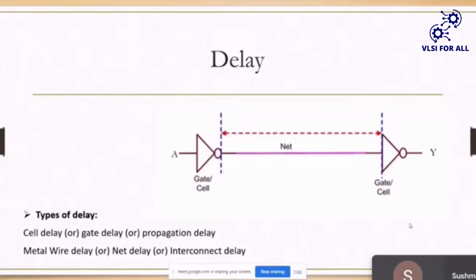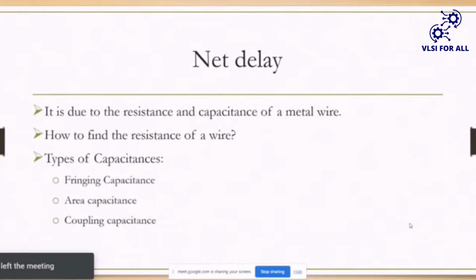Whenever you give the input, you don't get the output immediately. It gives the output after a certain period, and that is called cell delay. In a more technical way, we will discuss this cell delay as well. And afterwards we have net delay because of the interconnect or the metal wire. Hence, net delay is also called interconnect delay, metal delay or wire delay.